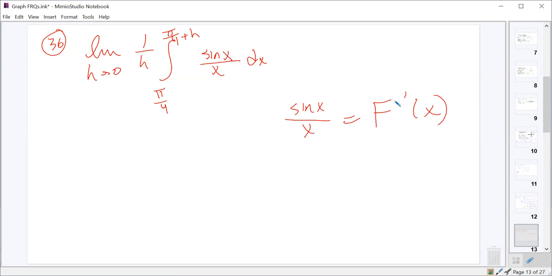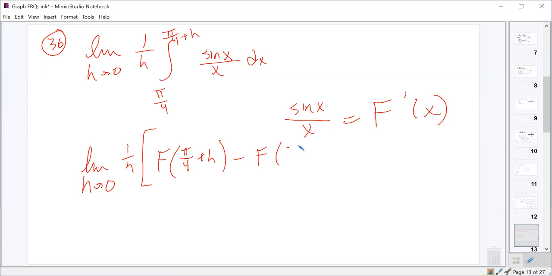So when I integrate capital F prime, which is sine x over x, I should get the limit as h approaches 0 of 1 over h times capital F evaluated at pi over 4 plus h, minus capital F evaluated at pi over 4. Everybody good with that so far?